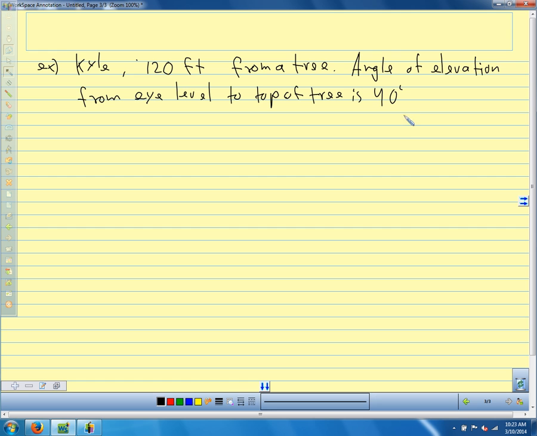And Kyle happens to know that his eyes are 5 feet above the ground. And we want to know how tall is the tree to the nearest foot.